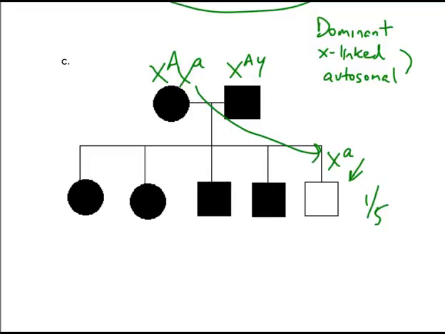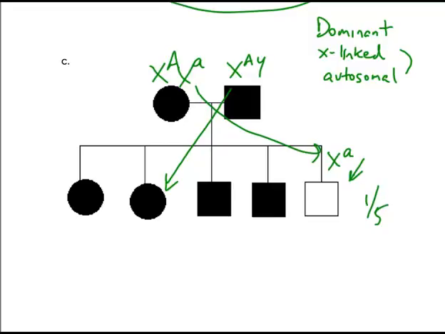But think about this. Since girls get 1 X chromosome from their father, they're going to always be affected. They're going to get 1 of the 2 X chromosomes from their mother. So they might be carriers or not, but there's no way to tell unless we see their children. See, this is getting a little bit convoluted.